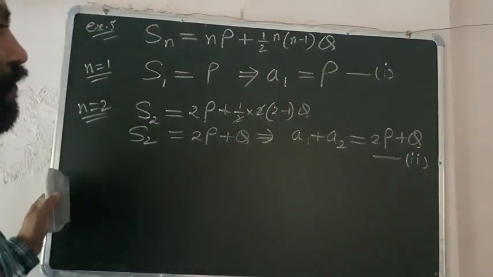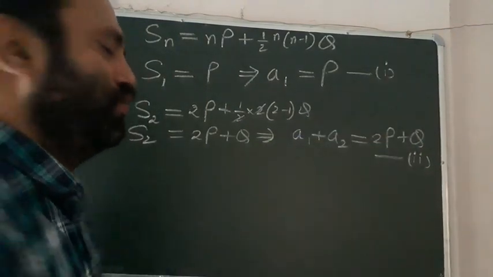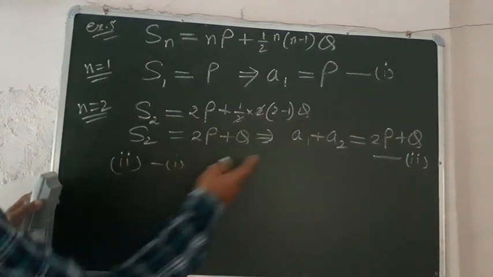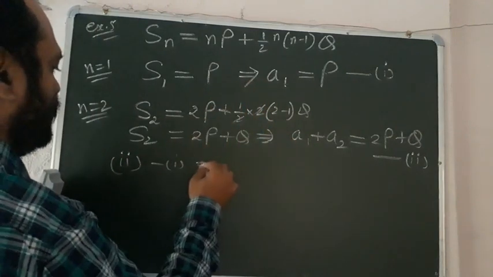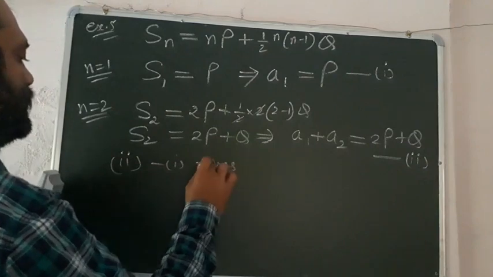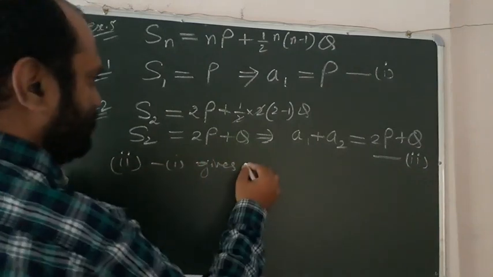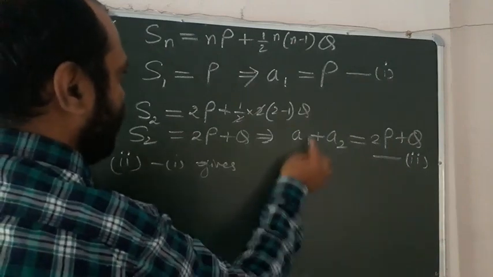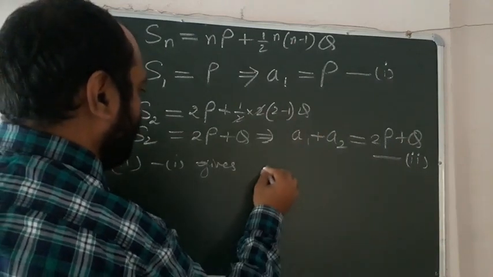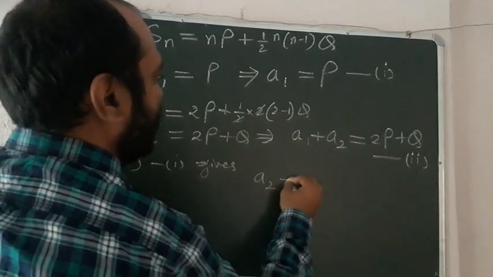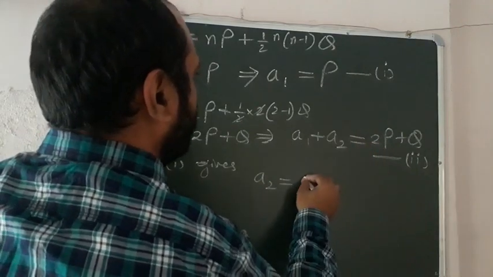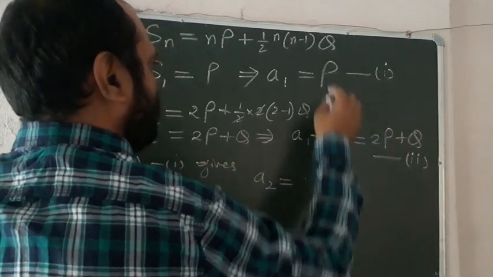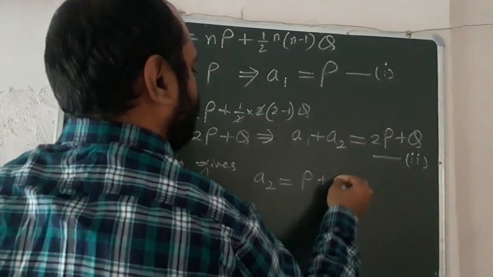When we subtract these two equations, second minus first, we will get A2. The value of A2 will be 2p plus q minus p, that is equal to p plus q.